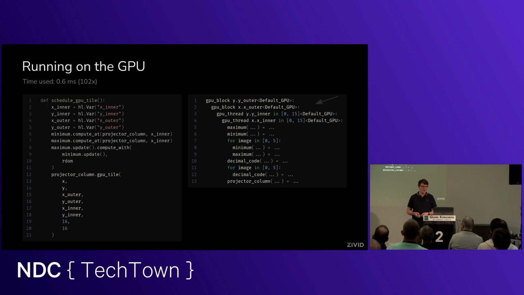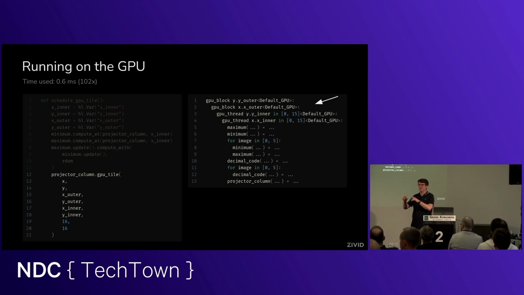So that requires us to split both X and Y into inner and outer variables, because then we can use the GPU tile function and say that we want X and Y to be split into X outer, Y outer, X inner, Y inner, and then give it a tile size. In this case, I found that 16 times 16 tiles was pretty optimal. And then, as you see on the right-hand side, Halide will now turn all of those outer for loops into what it's calling GPU blocks and GPU threads.